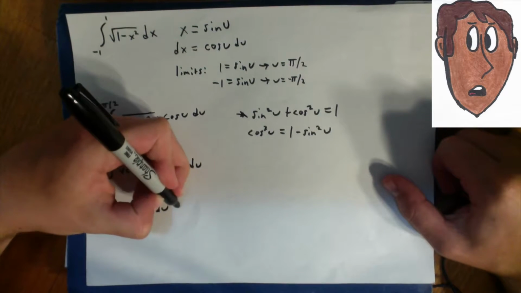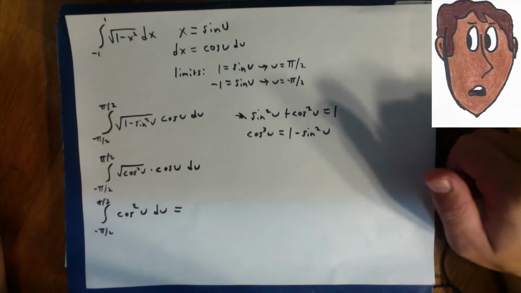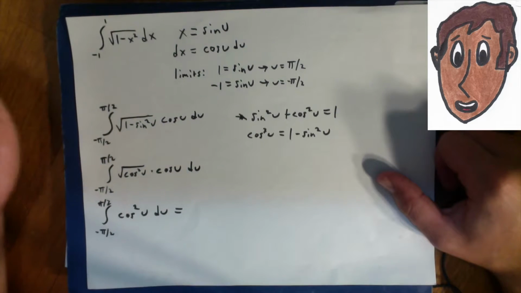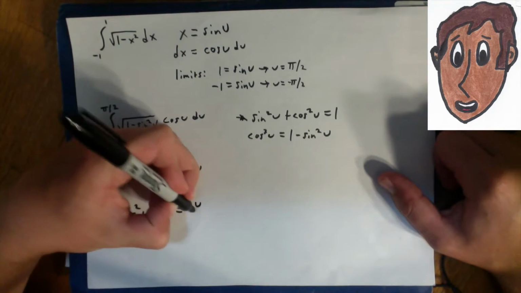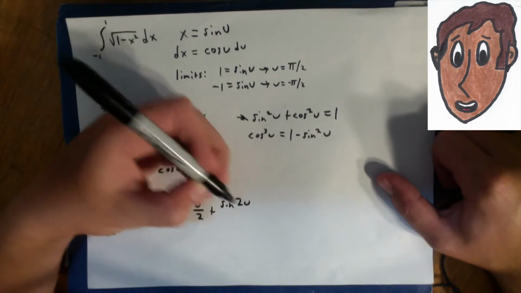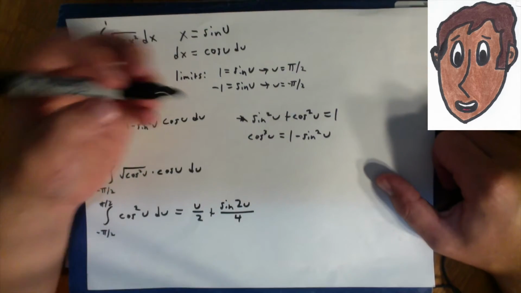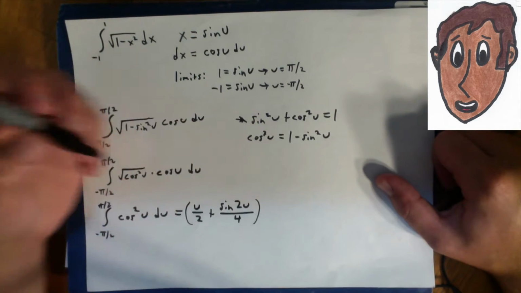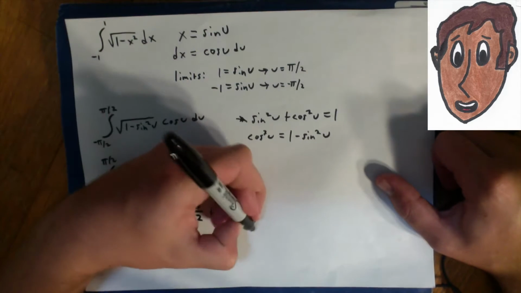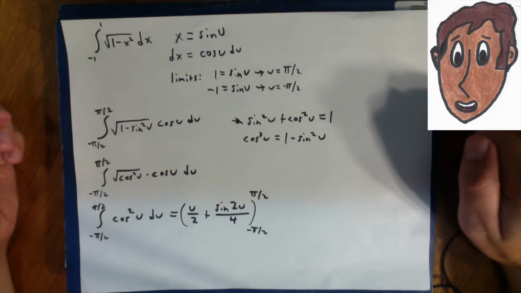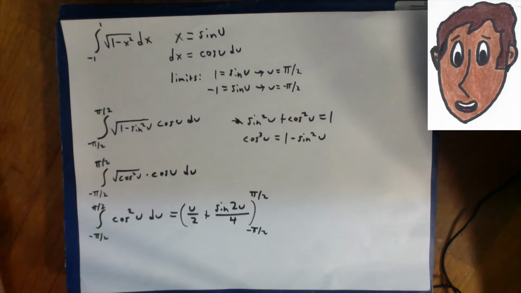To get to the end of our integral here, the integral is going to turn out to be u over 2 plus sine 2u over 4. Since this is a definite integral, we have bounds of negative pi over 2 and pi over 2. I'm going to be pedantic about this and plug it in from scratch.